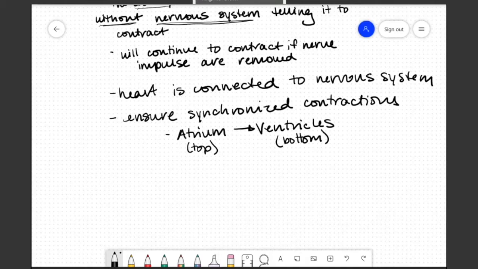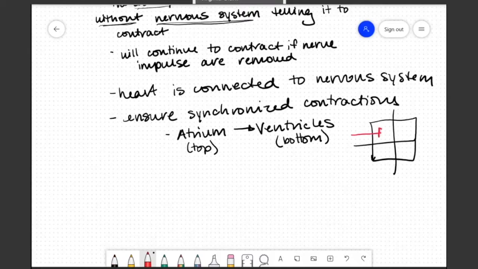So right and left are going to do it at the same time. We are going to contract the first section here and then the second section here. So we have 1 and 2, top and bottom, atrium and then ventricles, and we're going to do it so that they contract as a unit.